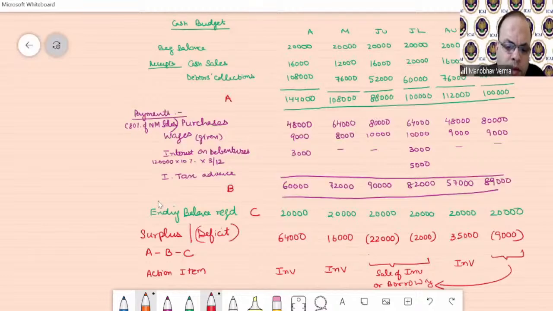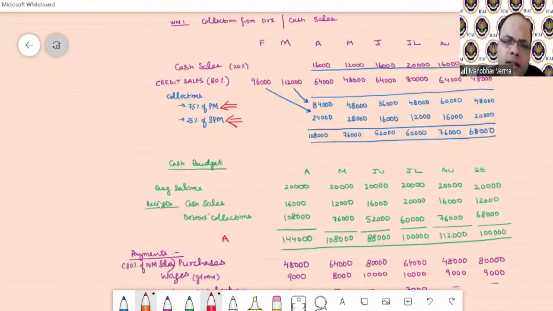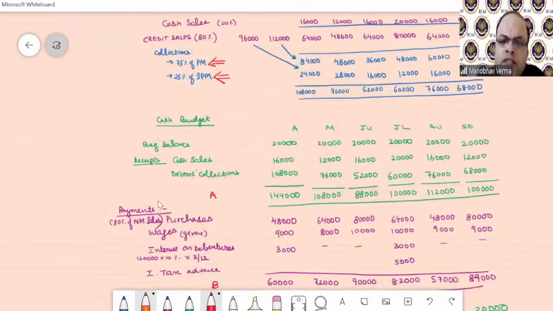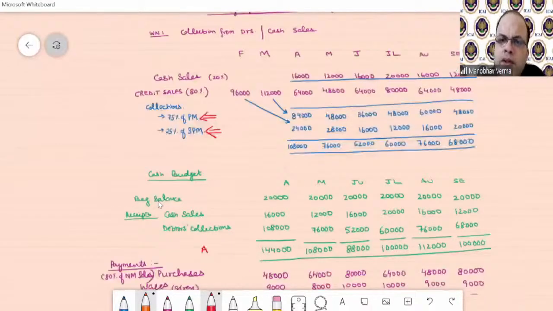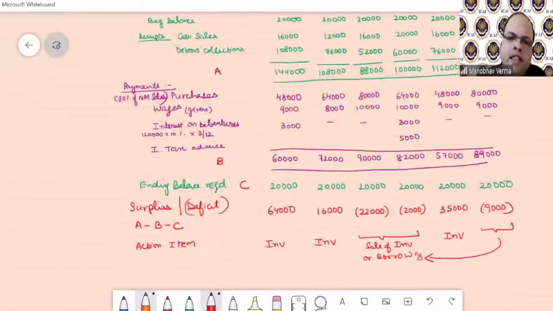Right? And Pooja, where exactly are you talking about percentage? I think percentages were anyways mentioned, right? 75% and 25%. We mentioned that over there. So we had already mentioned the percentage in the credit collections. So guys, I hope everyone is with me on this. Everyone okay? How to go about the cash budget over there?